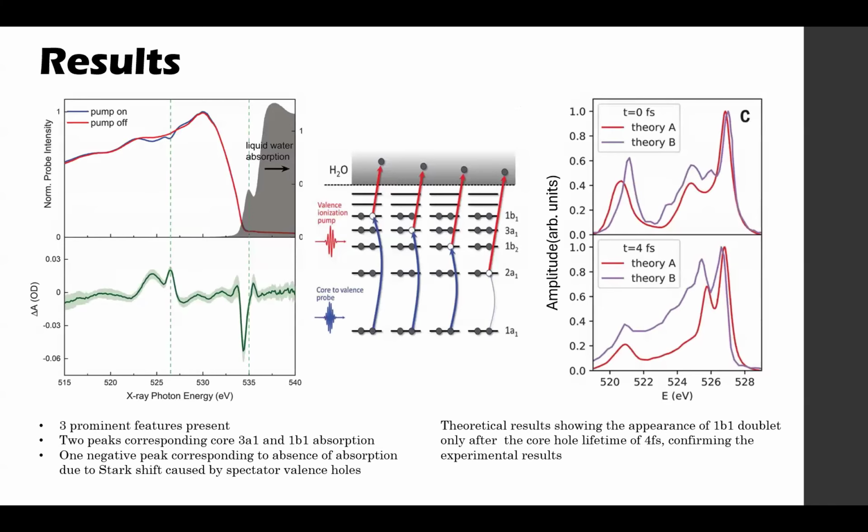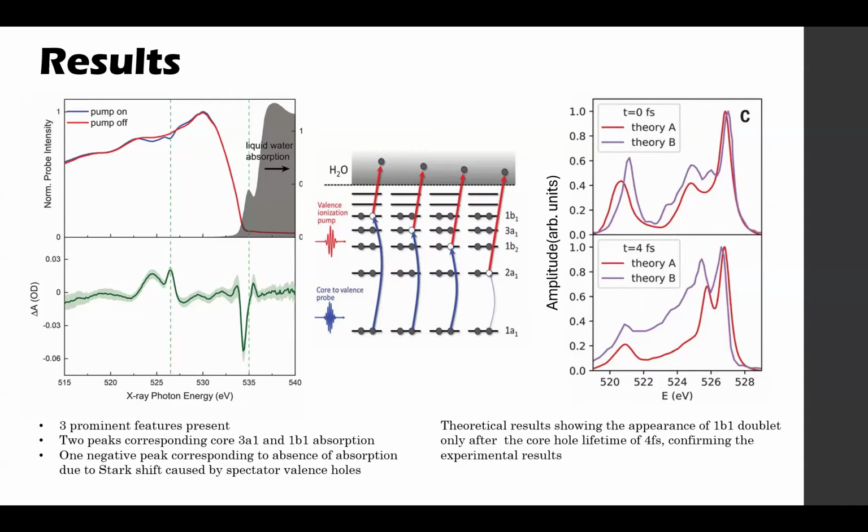Okay, so for the results, I'll be getting into the delta A spectra, which was mentioned. Delta A is essentially the difference between the probe absorption by the water molecule in the presence of the pump and in the absence of the pump.